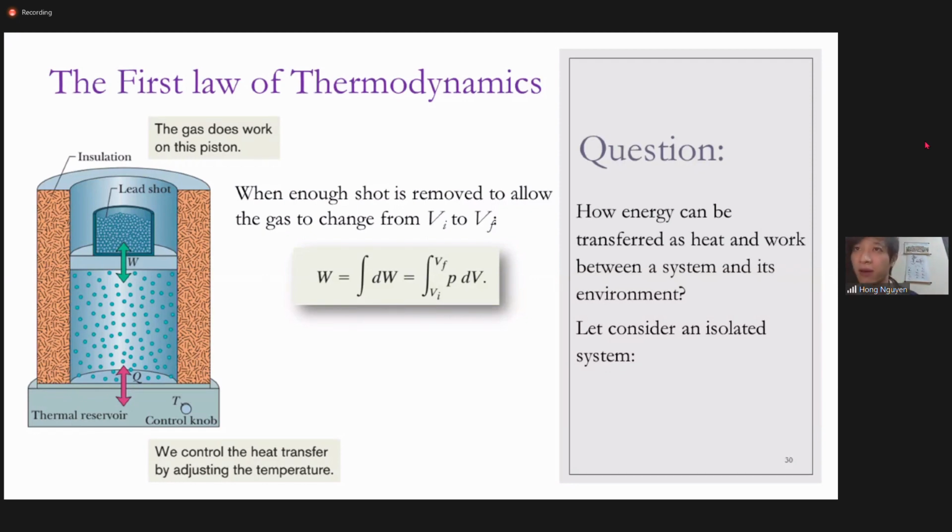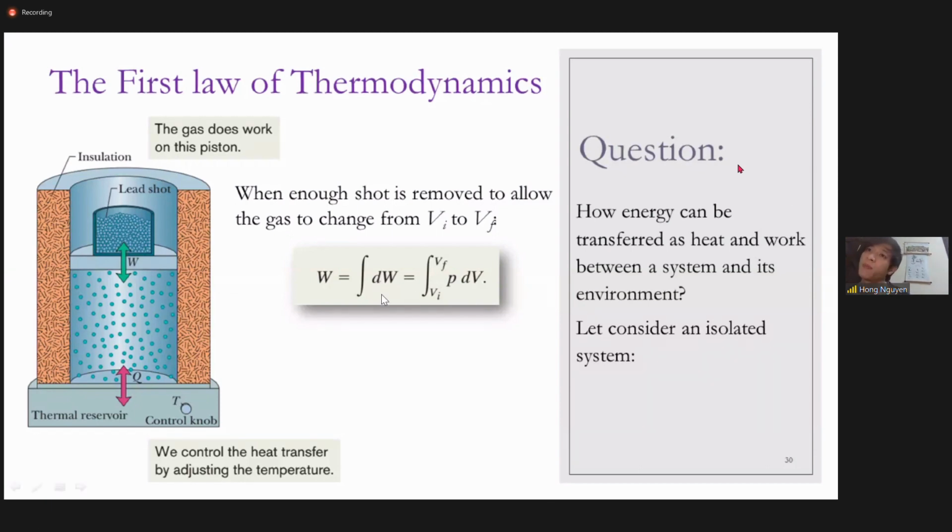By saying differential work, we know that these are very small, very tiny works. And of course, the sum of them will make a total work for us. And the total work can be calculated using the integral, right? The integral from the initial volume to the final volume of PdV.